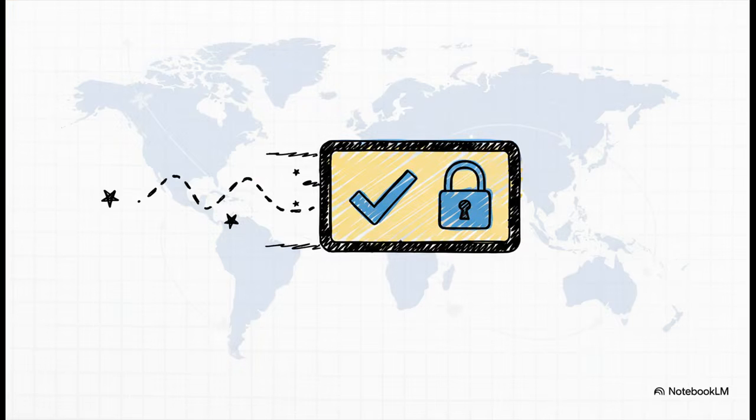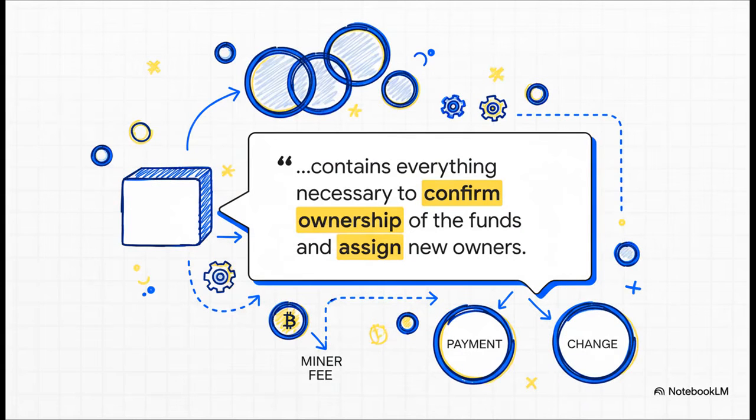Alice has done her part. Her transaction, which contains all the information anybody needs to verify it, is now zipping through the network, just waiting to be picked up. This really gets to the core of what makes Bitcoin so powerful. The transaction itself contains everything necessary to confirm ownership of the funds and assign new owners. It's its own proof. It doesn't need some outside bank or authority because all the proof is baked right into the data itself.